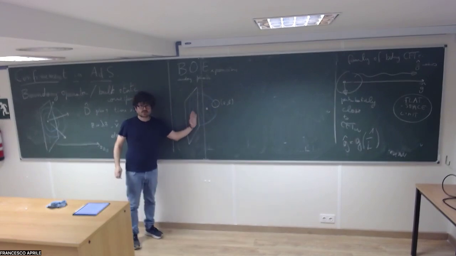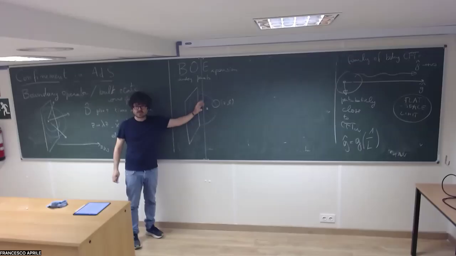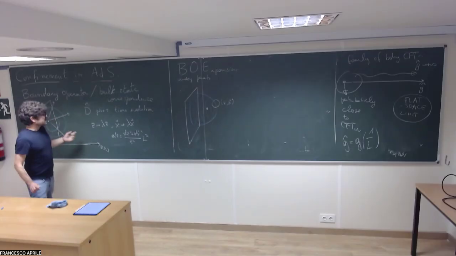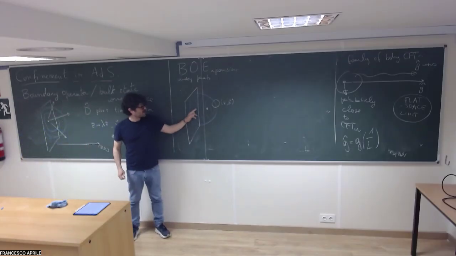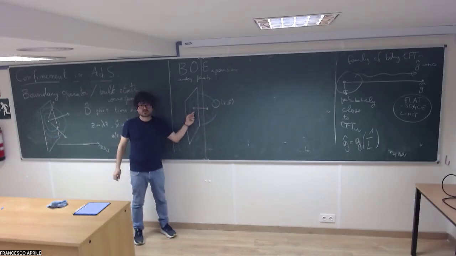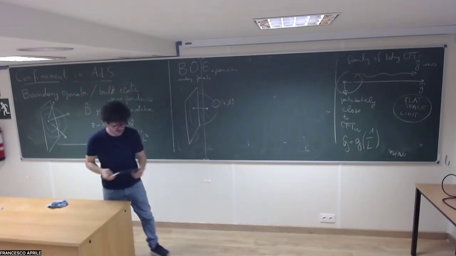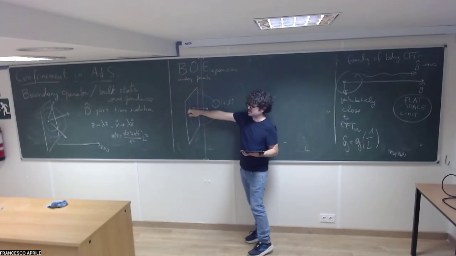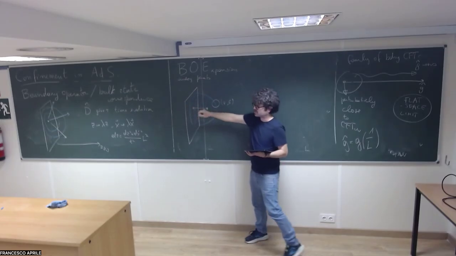This evolution is Euclidean time. I prepare a state here, and then I can evolve it back. What this means is that the insertion of the bulk operator can be rephrased as a sum over infinitely many insertions of boundary operators, because we said before that these states can be seen as a superposition of boundary operators.